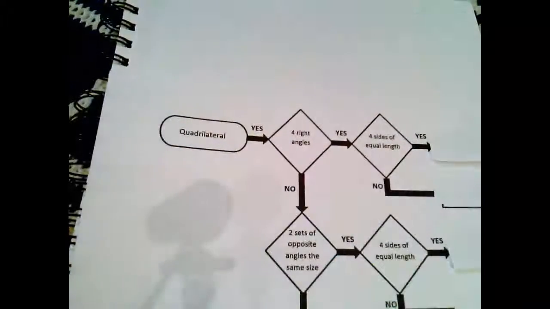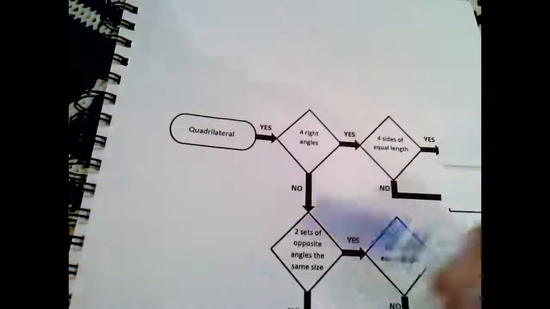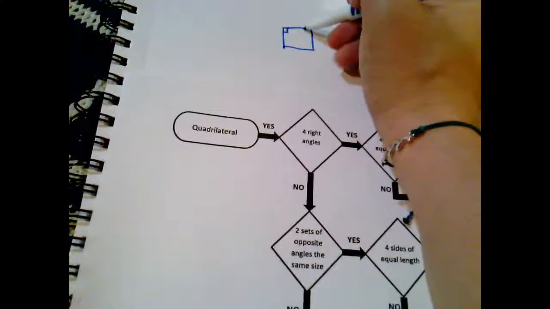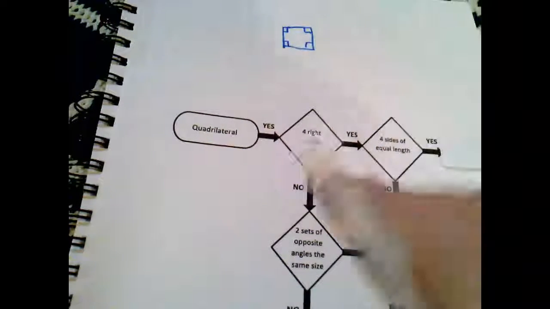We have our top, a quadrilateral. So that means, and it says, yes, four right angles, four sides of equal length. So that means I have this right angle, right angle, right angle, and I'm going to show that there are four sides of equal length as well to show that this is congruent to this, to congruent to this, to congruent to that.